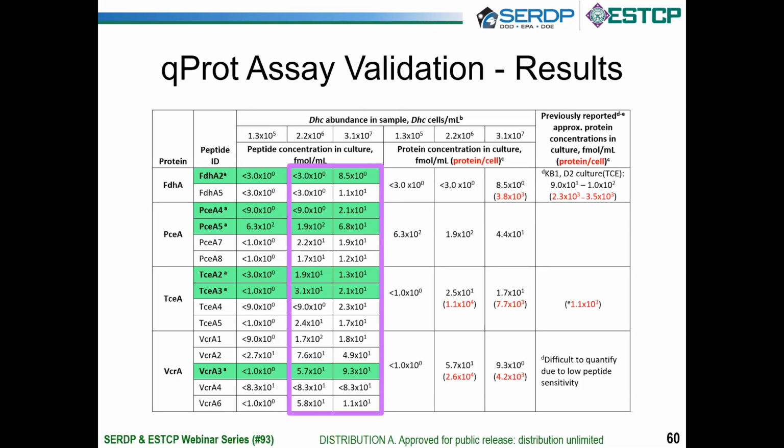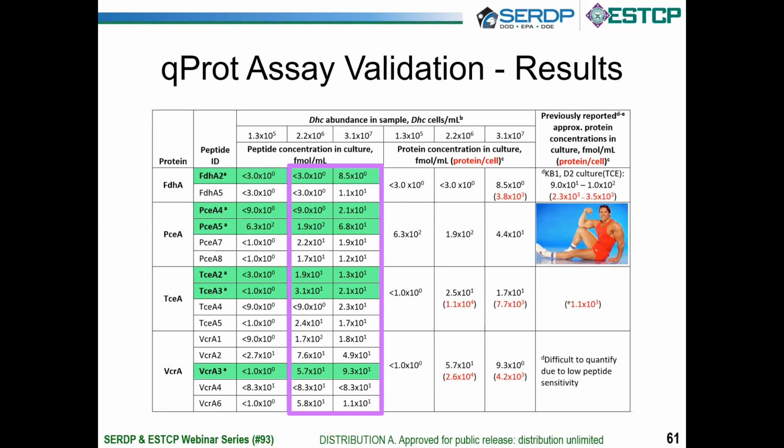So then on slide 61, we expressed the results that we achieved in both protein concentration, femtomole protein per milliliter units, and also in protein per DHC cell concentration units, and those are highlighted in red.